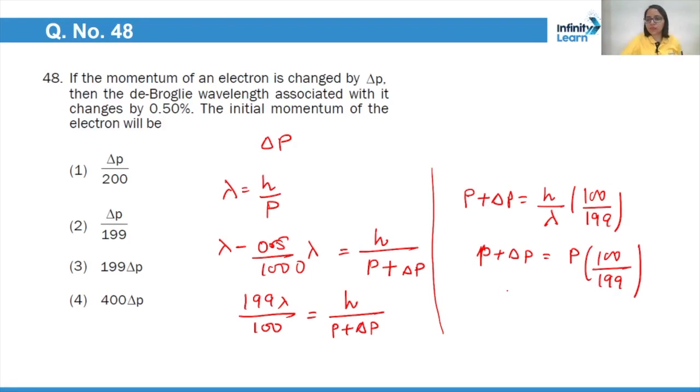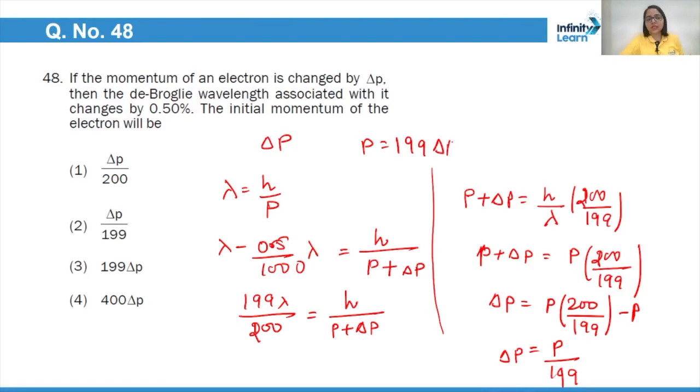So delta p will be p into 200 divided by 199 minus p, that is p upon 199, and that is equal to delta p. So p will be 199 times delta p, which is answer 3. I hope this is clear.